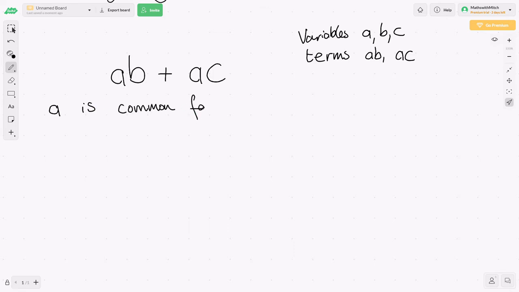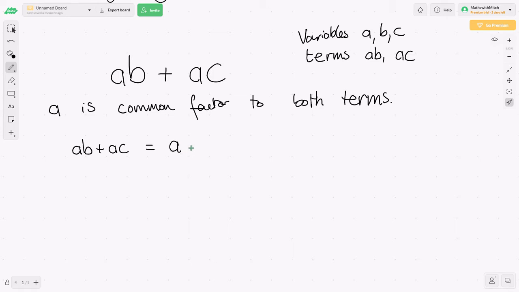So we said a is a common factor to both terms. And we've just talked about that being true. You can see that both of them are times by a. AB and AC, they both have a as a common factor. So in terms of factorization, we can now take a out.